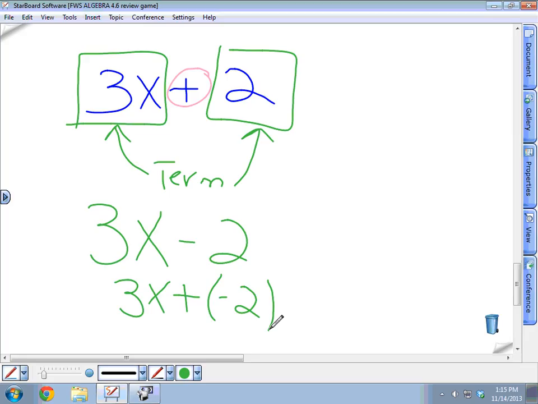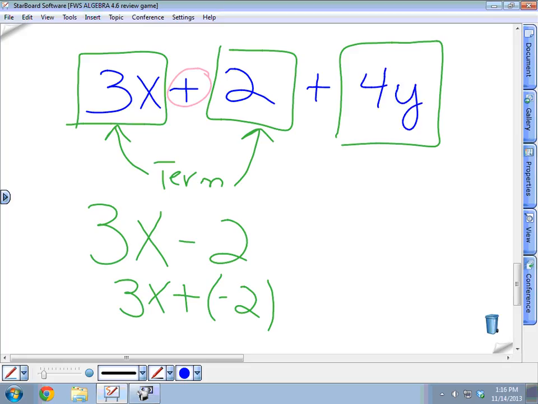Crystal, what's a trinomial? 3 terms. Give me another term. 4y. Okay? Now we have 3 terms.